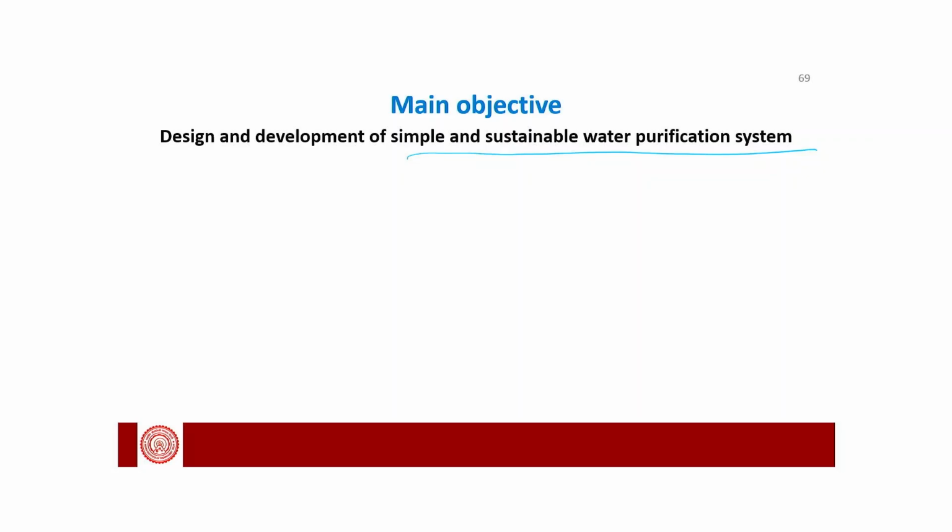And why should it be simple? Because our main objective was to develop a filtration system which will be used in a rural area. Rural area people drink directly from the surface water, like pond, lakes, canal.